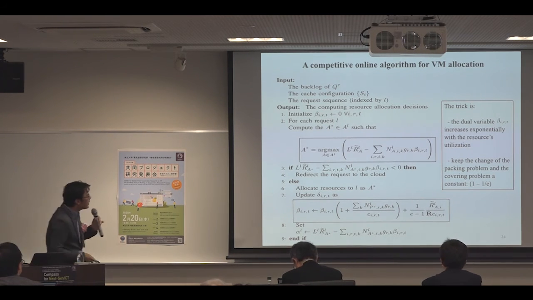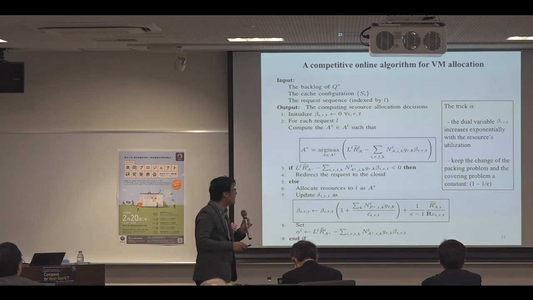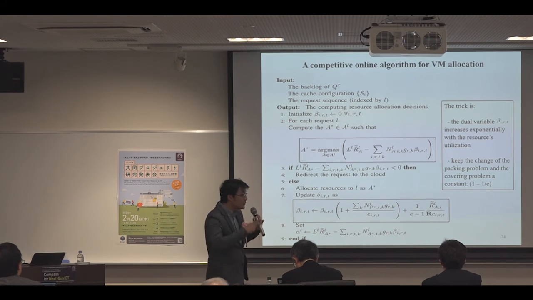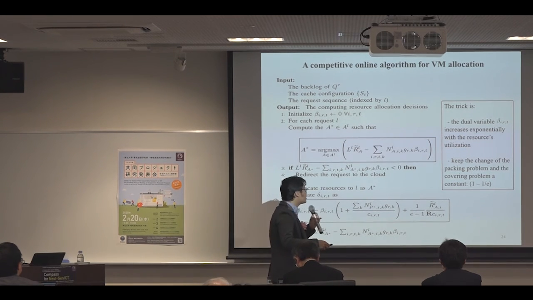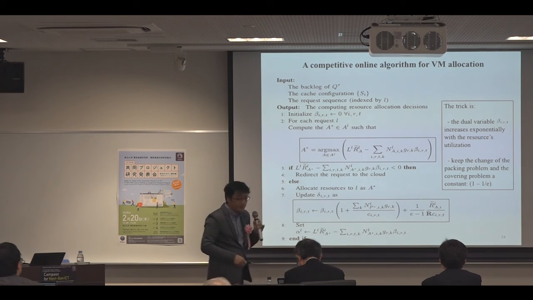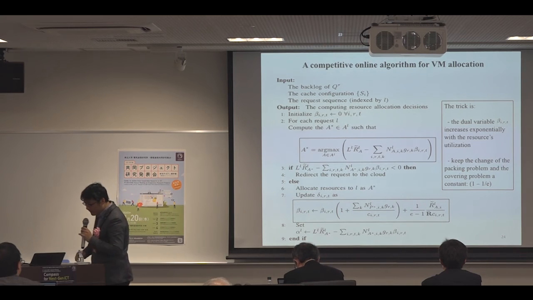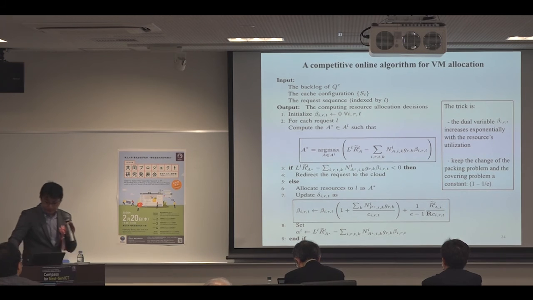With this algorithm, the tricky place is to keep the change. When we make some decision, we just keep the change of the packing problem and covering problem constant. And no matter what the request sequence is, our result is provable.